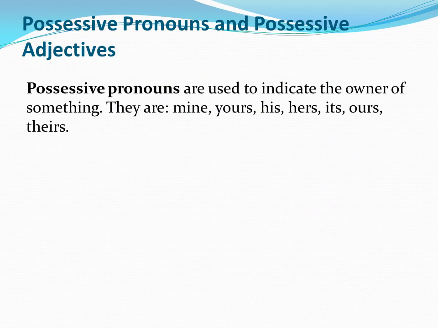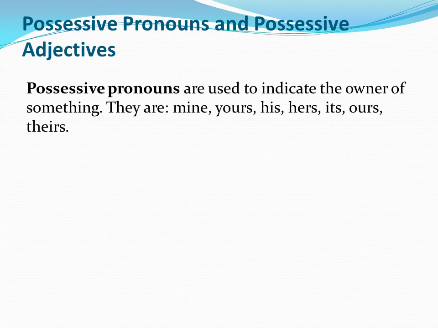Possessive pronouns are used to indicate the owner of something. These are personal pronouns used to show the owner of something. Again, pronouns are words used instead of nouns, so they are used to show ownership.